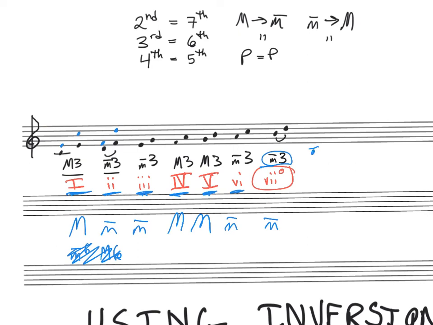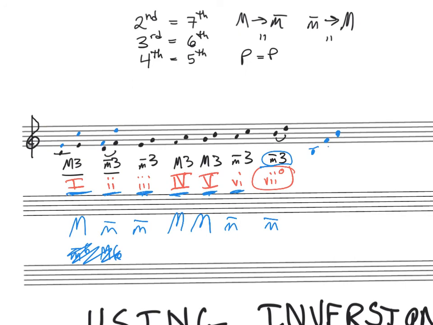And it is F up to B. F, G, A, B. That is 3 whole steps, and 3 whole steps makes a tritone. That's why it's called a tritone, because it's 3 whole steps.